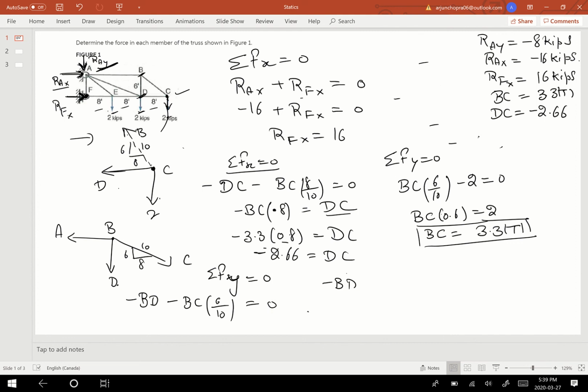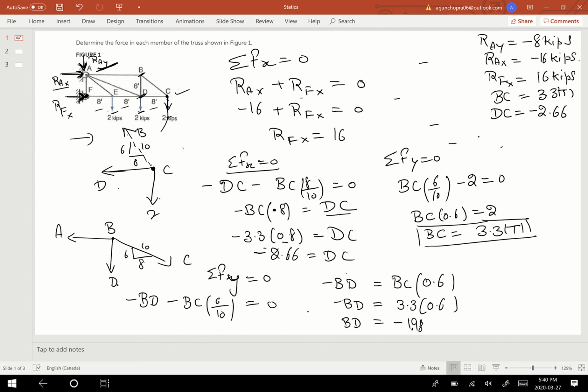BD equals BC times 0.6, equals 3.3 times 0.6, which comes out to 1.98.